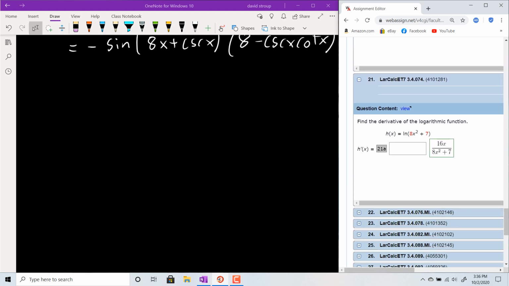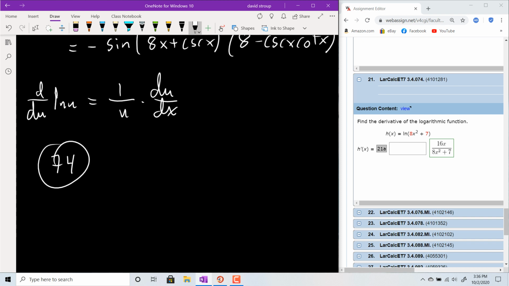Okay, so remember the derivative of a logarithm. If you have ln of u, the derivative with respect to u will just be 1 all over u times the derivative of u with respect to x. So for number, what do we got, 74?